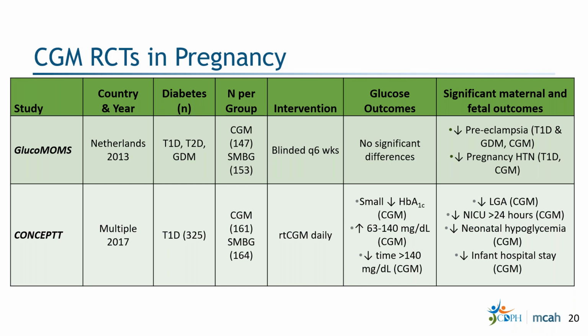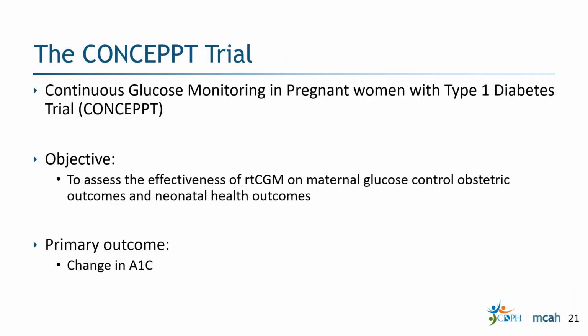And then these larger outcomes: there were decreases in large for gestational age babies, NICU admissions over 24 hours, neonatal hypoglycemia, and infant hospital stay. And all of these, right, are so important because they also decrease health system costs. So this makes a very strong argument for covering CGM for pregnant women, at least with type 1 diabetes. So let's talk about this one in a little bit more detail.